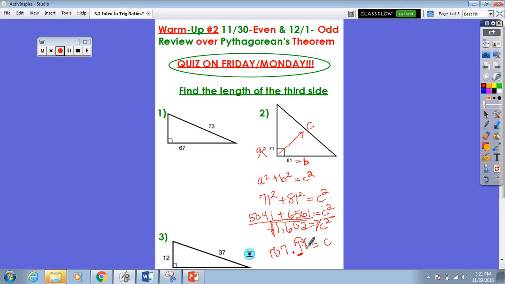The 1 does not make the 7 go up, so I'll just drop the 1 and I'll have my answer. 107.7. That is my C. And this should be an approximation, so I should have my little squiggly lines because C is approximately that amount.